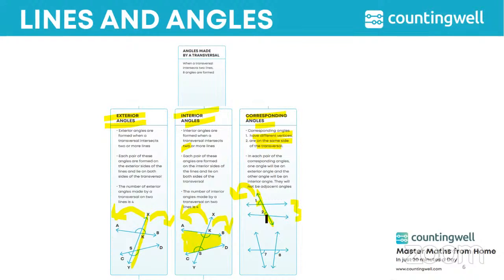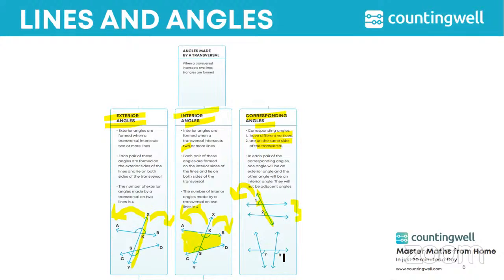Angle 2 is on the interior side of the lines. So it is interior angle. So out of the corresponding angles, one is on the exterior, one is on the interior. So one will be exterior angle, one will be interior angle. And they are not adjacent angles because they do not share a common vertex or a common arm.